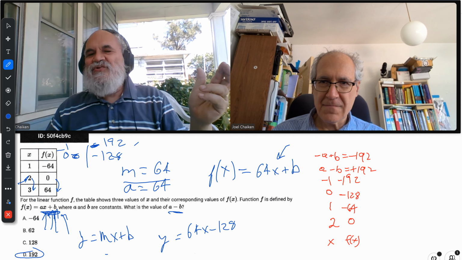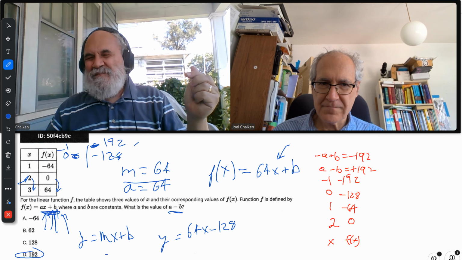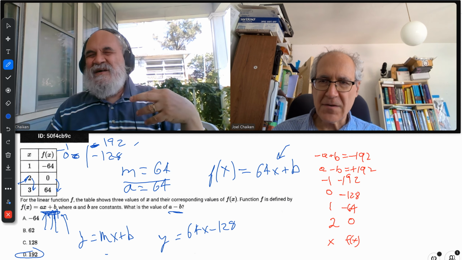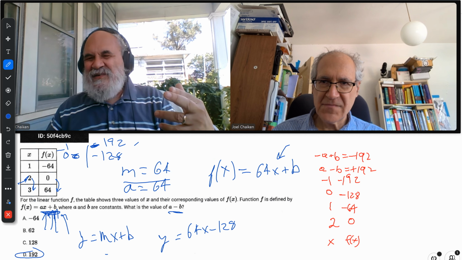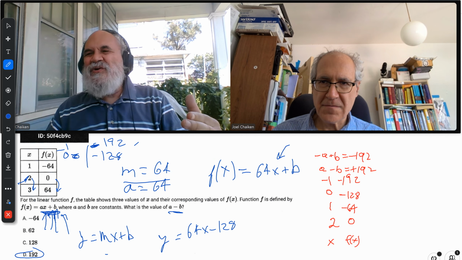What I did was use the pattern that every linear function has: when you step equal steps of x, the y value also steps by equal steps.